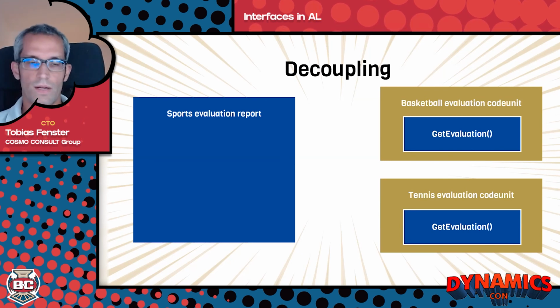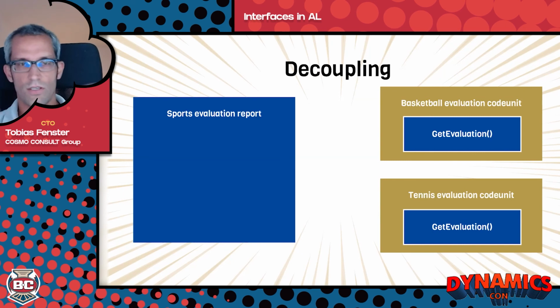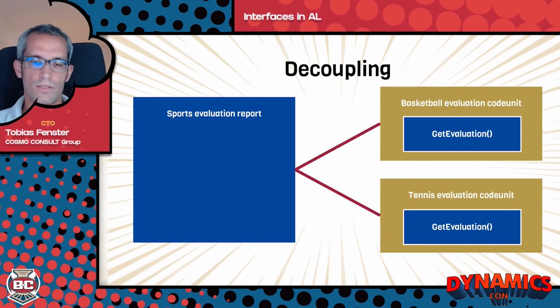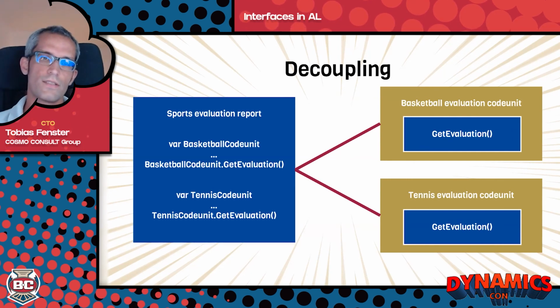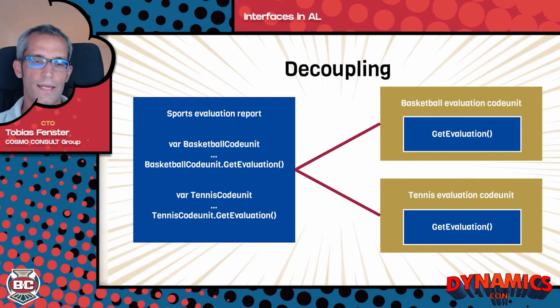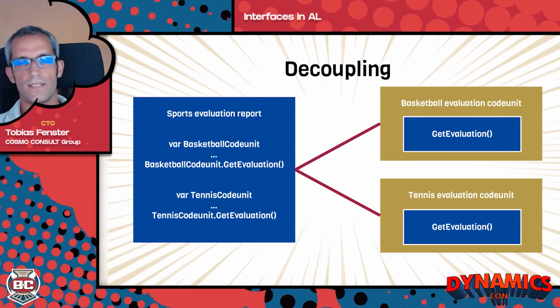Now you might think, okay, well, this looks very decoupled. There's no strong connection between those, but actually there is. There's a very strong connection, and the reason for that connection is that if you think about the actual code that is happening inside of our report, then it needs to hold a reference to the basketball code unit, and it needs to hold a reference to the tennis code unit.